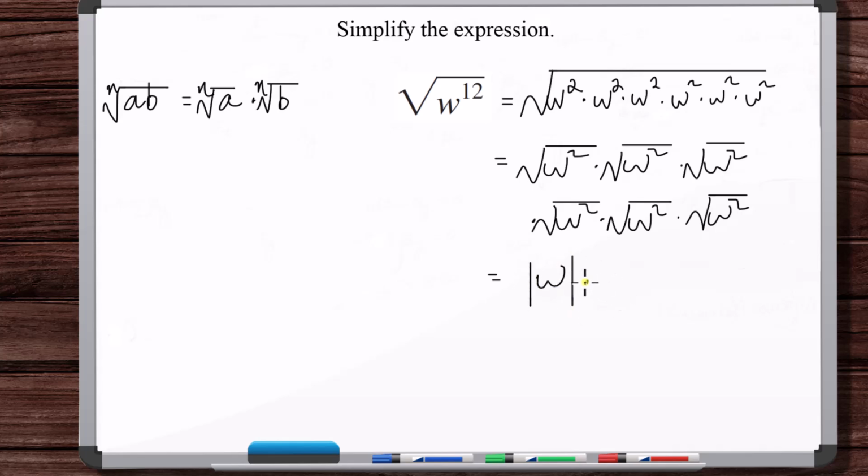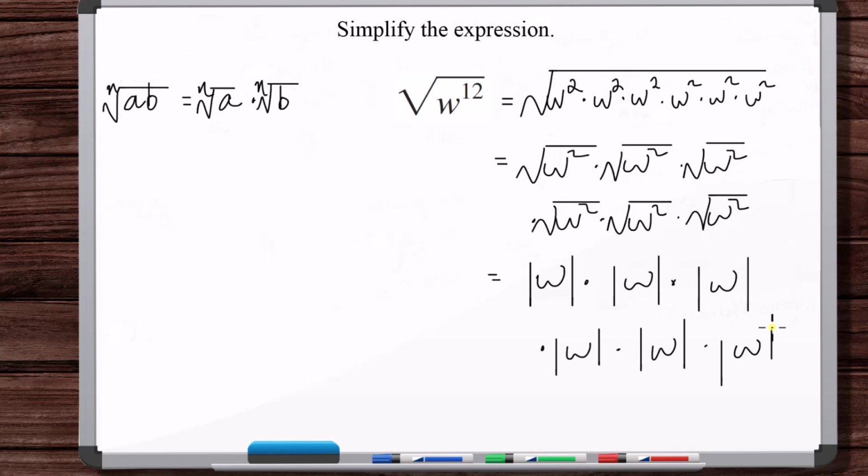Okay, now, so I'm going to write this out here. But one thing to note, let's say hypothetically that this problem was actually w to the 11th, the principal square root of w to the 11th. Well, it'd be similar.